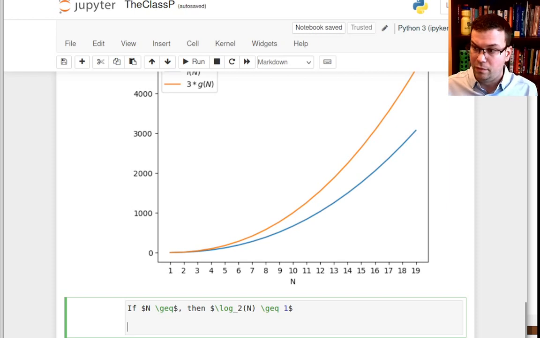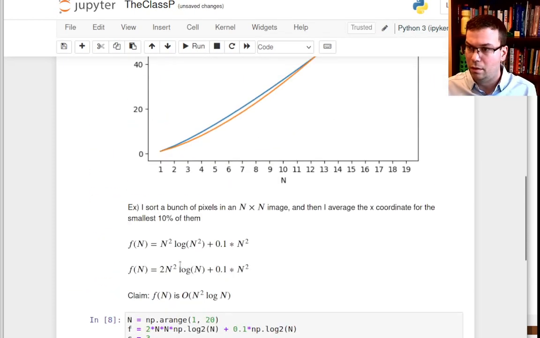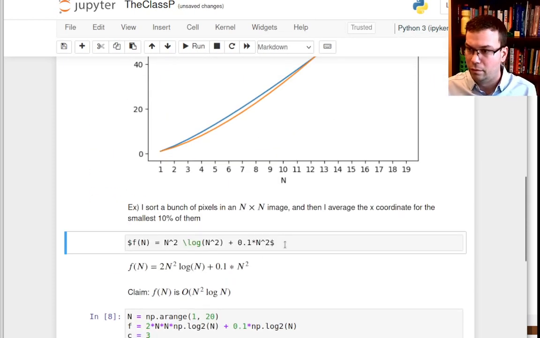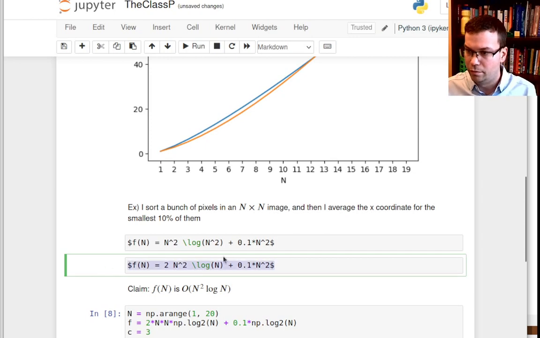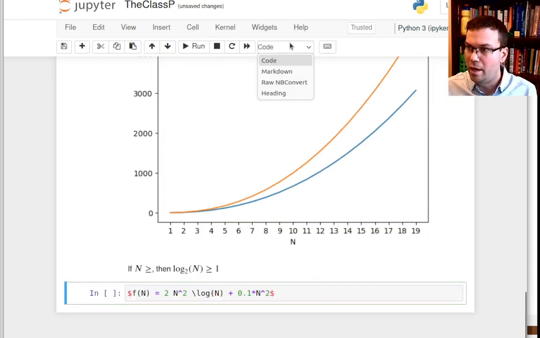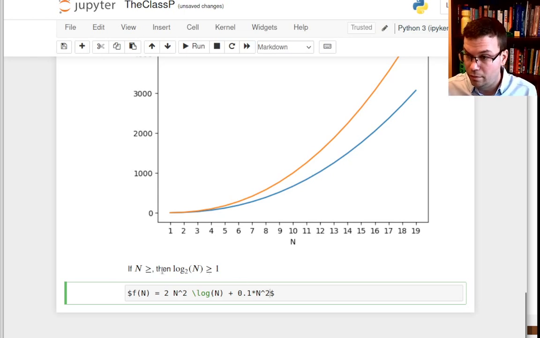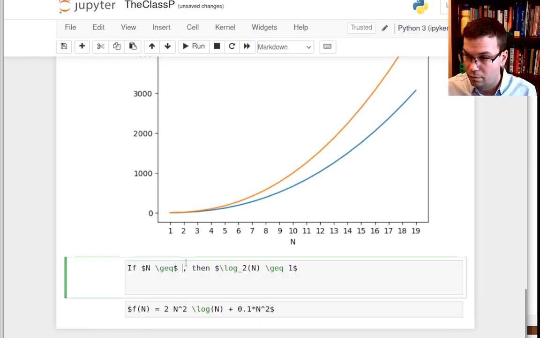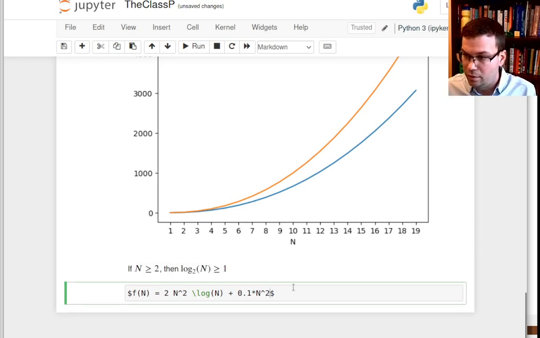So that implies that if I go back and take my f, then if n is greater than or equal to 2, I can just multiply this term by log base 2 of n.